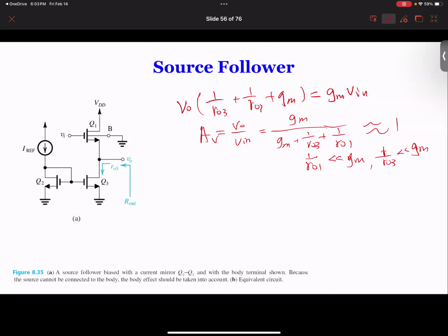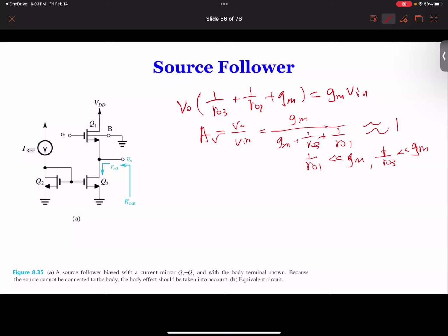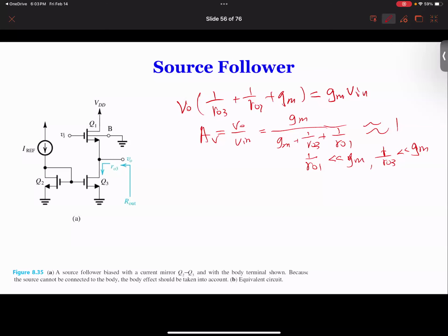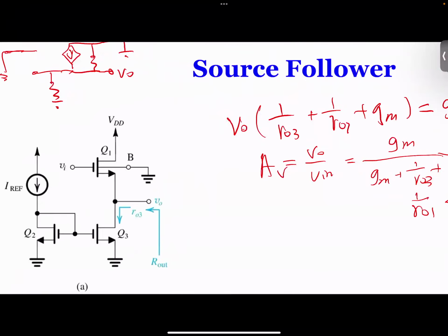So if we want to get the output resistance, let's go back to the equivalent circuit. What we need to do is apply a VO and short the input.